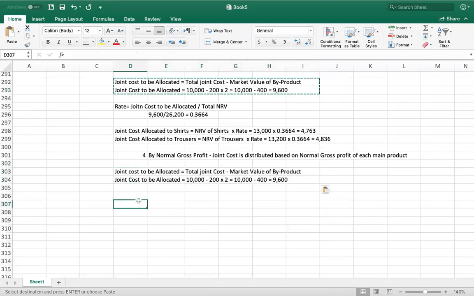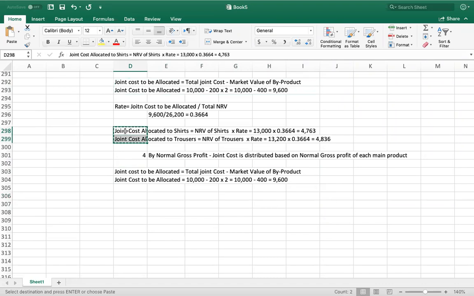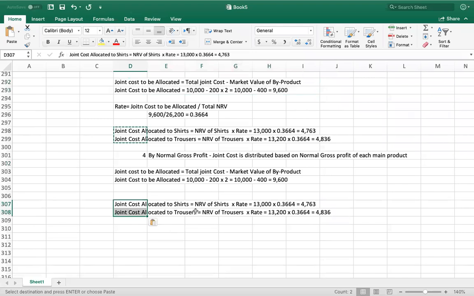Now we will calculate the joint cost to be allocated to each product, to shirts and trousers.